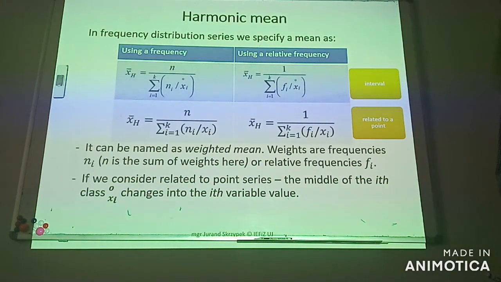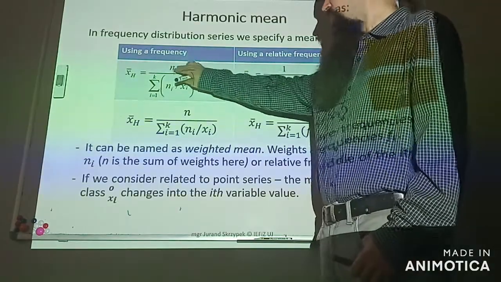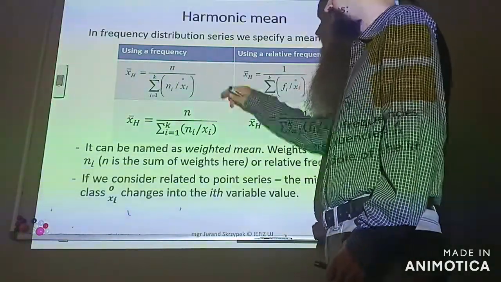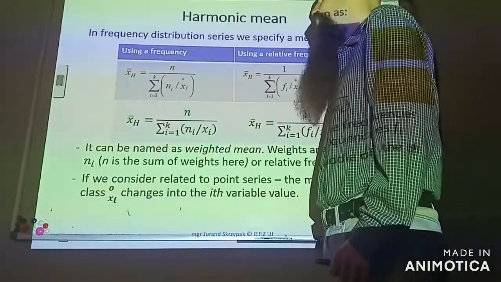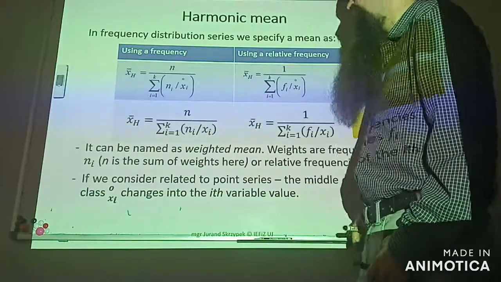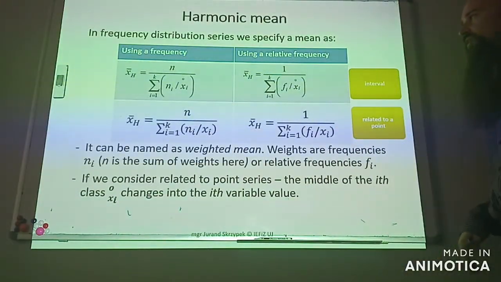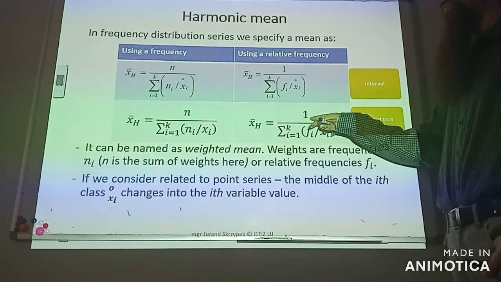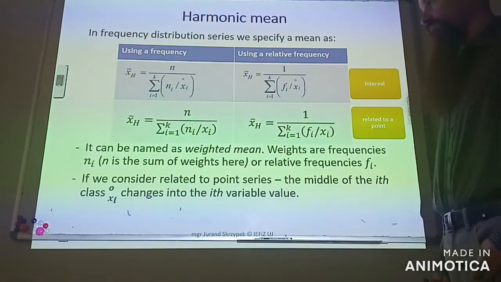The worthy noting fact is here in the numerator. When we use our frequencies, we have the population size. When we use our relative frequencies in the numerator, we have one value.